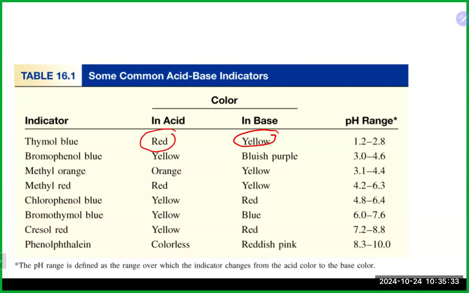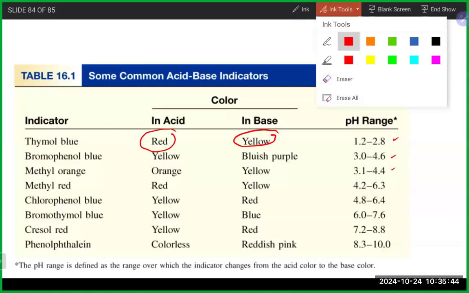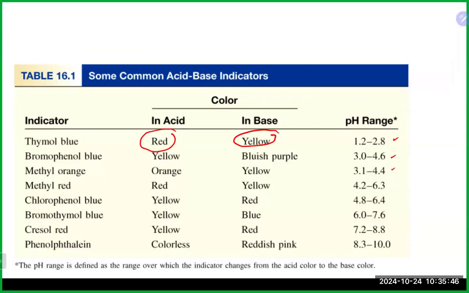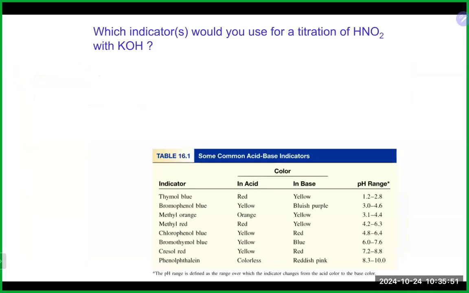And that's based on the ratio of the protonated indicator to the deprotonated indicator. This is the pH range that they work over here. So again, when you're going to choose what indicator you might want to use here, you really want to think about, obviously, what type of titration you're performing.